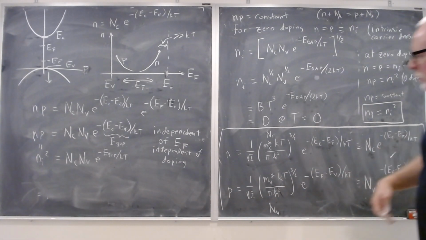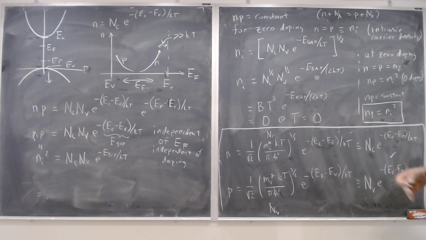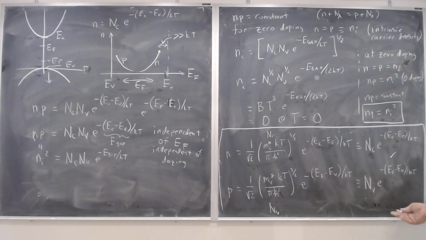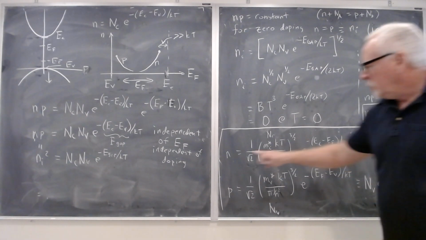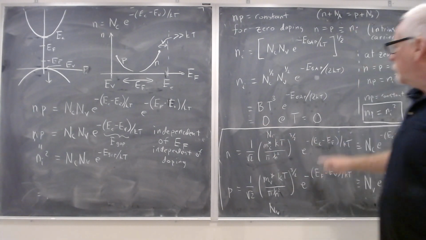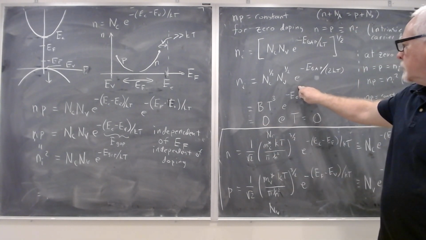And now I've both proved it and also shown what N and P actually are as you change the doping and move EF along in the band gap. So that's the end of this lecture. This lecture has shown what N and P are, that their product Ni squared is constant, independent of EF, and what Ni actually is.